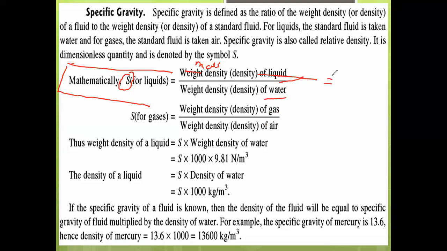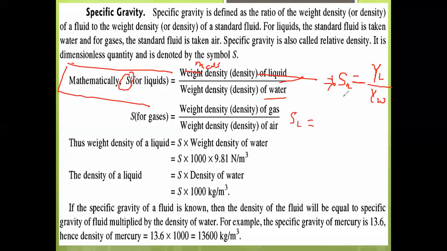So mathematically, in short, it can be written as S_L, the specific gravity of any liquid, equal to the weight density of that liquid, gamma L, divided by gamma W, the weight density of water. In this way also we can write this expression.